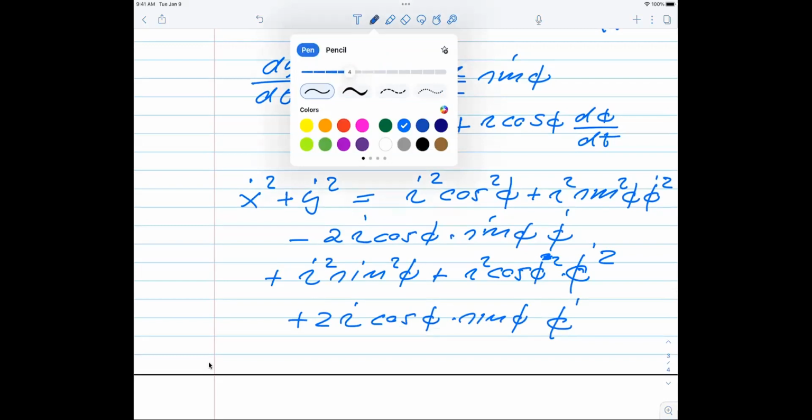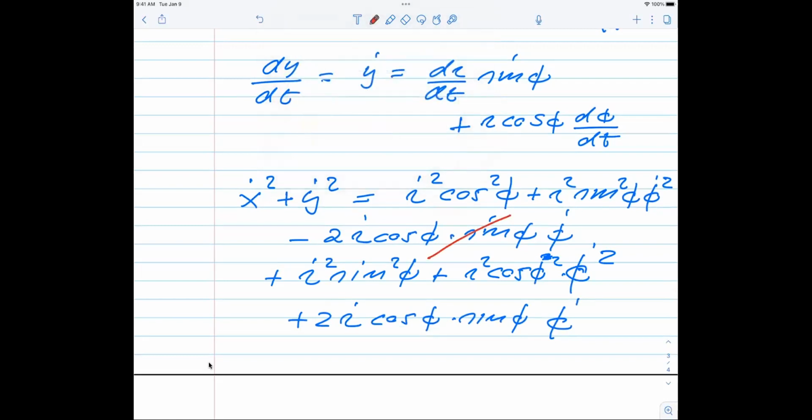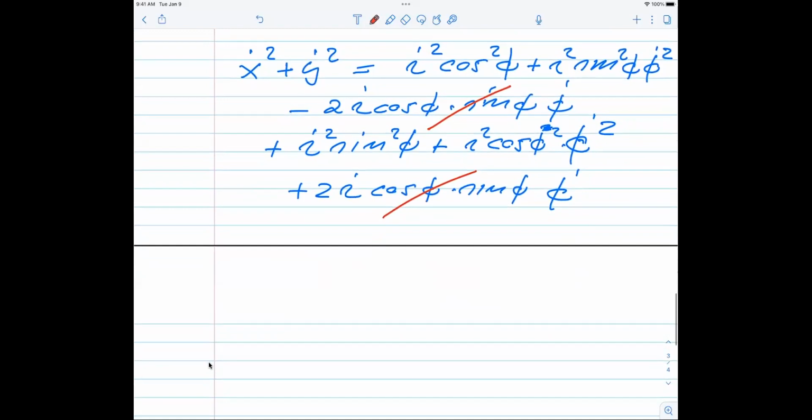And we see that there are two terms which cancel each other. So this term cancels this term. If I now bring terms together, I'm going to have an r dot squared with a cosine squared and a sine squared, so that gives us 1. Similarly, I have this additional term here, which matches this term here. That means I can rewrite everything in terms of r dot squared plus r squared times phi dot squared.